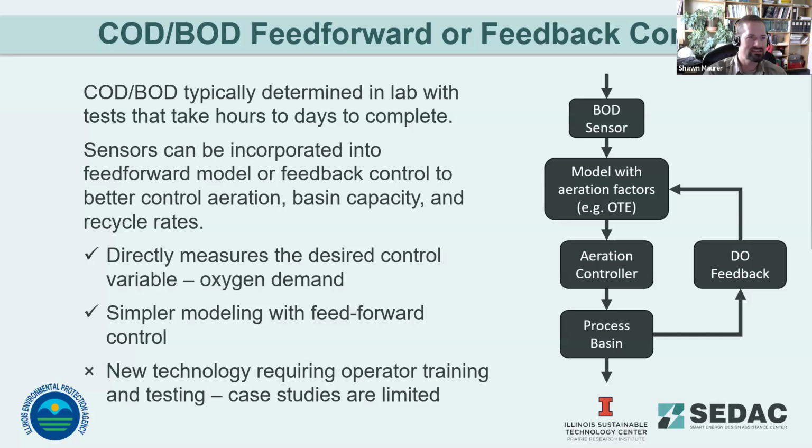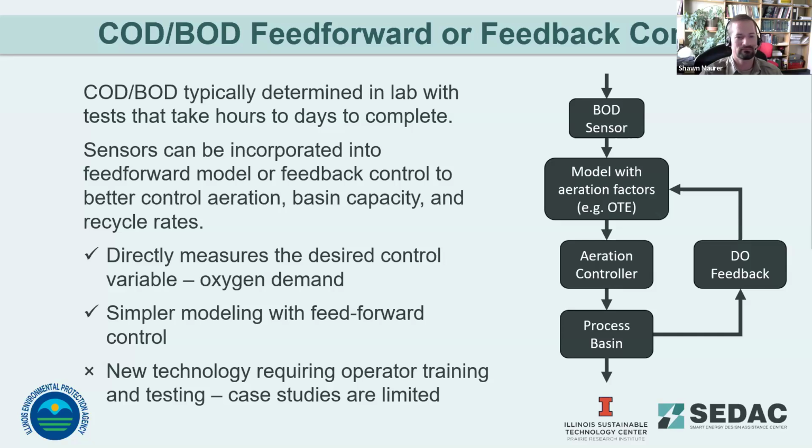One of the newer things that's available now with the COD-BOD ion selective sensors is the ability to do a similar process as with ammonium, but you're doing it with direct sensing of BOD and COD. So similar process, similar benefits.